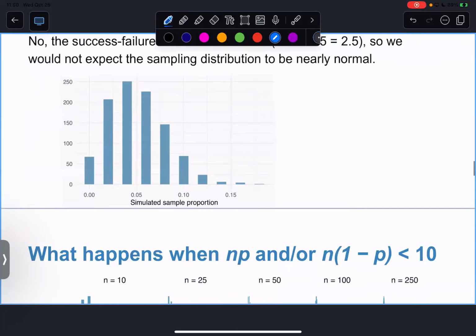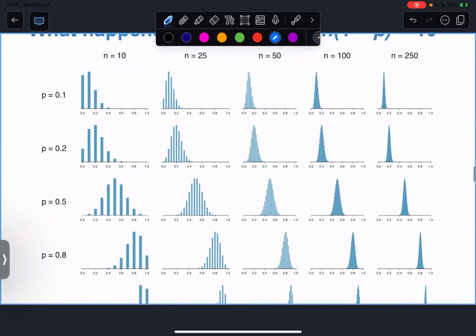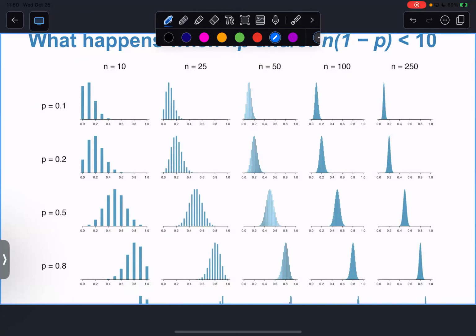Here, I just want to show you what it looks like, but not spend too much time on it. So the proportion of successes is 0.1. If I have a sample size of 10, it looks quite skewed. If I increase to 25, it still looks quite skewed, but at 50, it starts to look very normal to me.